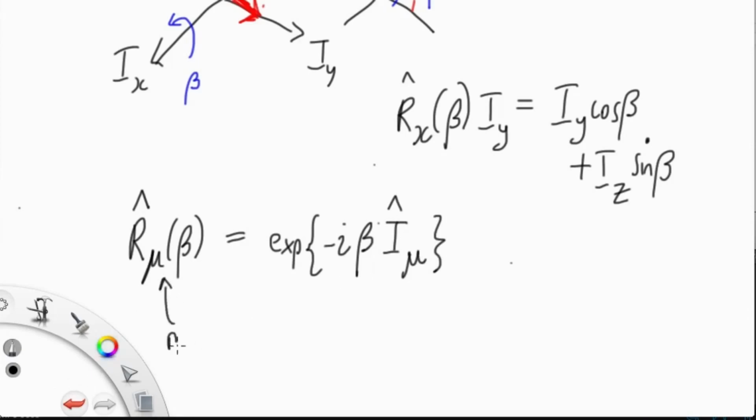So we have the rotation superoperator and the commutation superoperator.